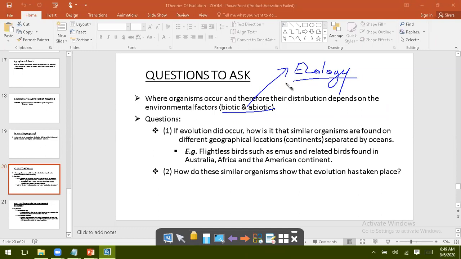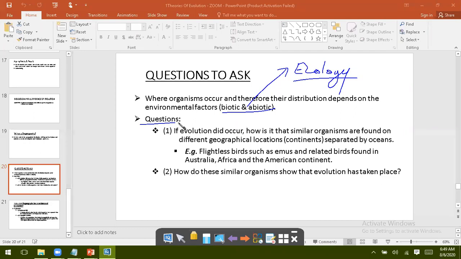So the questions we're going to ask, to find out why or how biogeography is used as evidence of evolution. First question is, if evolution did occur, how is it that similar organisms are found in different geographical locations, for example, continents separated by oceans?